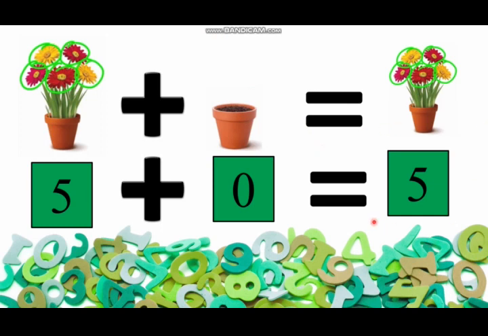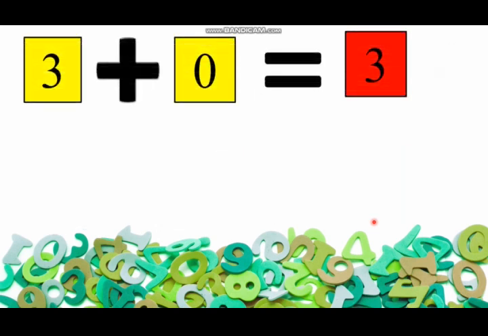Now, have you noticed something in both of the sums? You learned 3 plus 0 equals 3. So, I have a number here, 3 plus 0 equals 3. Now, just a moment. Yes. So can you see over here?